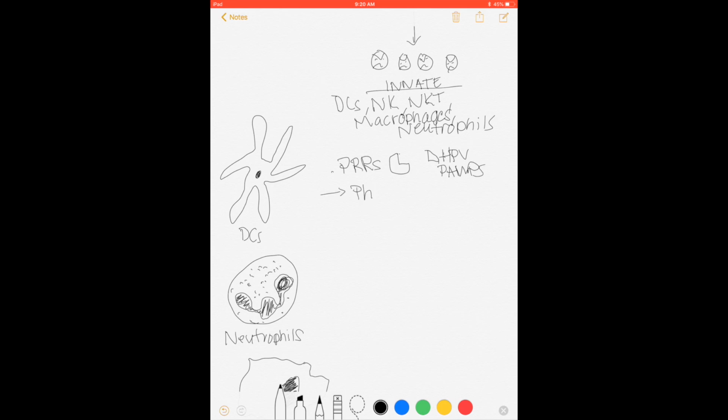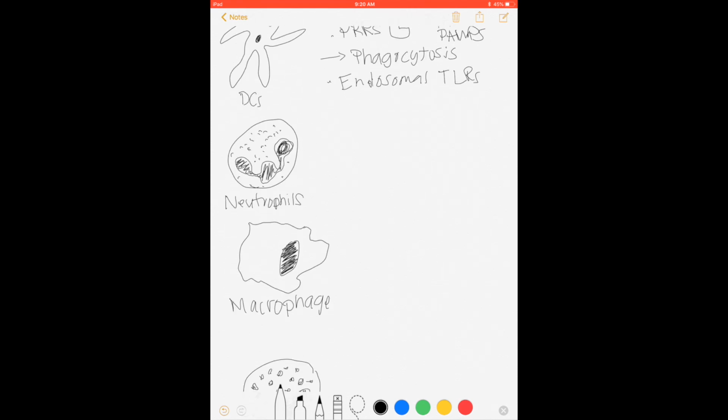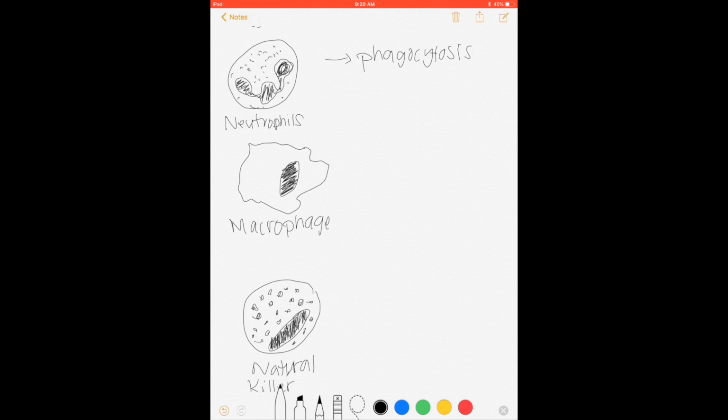And dendritic cells also contain the endosomal TLRs. Next are the neutrophils, and these cells also carry out phagocytosis. The macrophages release interferon alpha and beta, and these have antiviral activity.